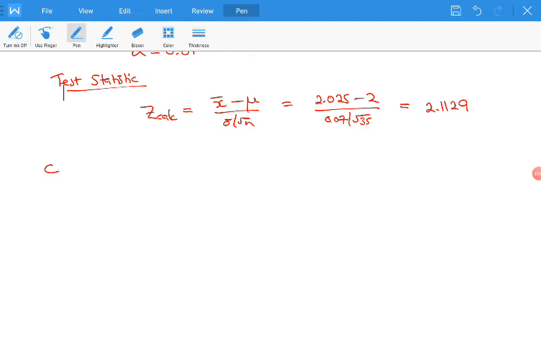So the critical value is z alpha over 2, which is equal to z at 0.005.